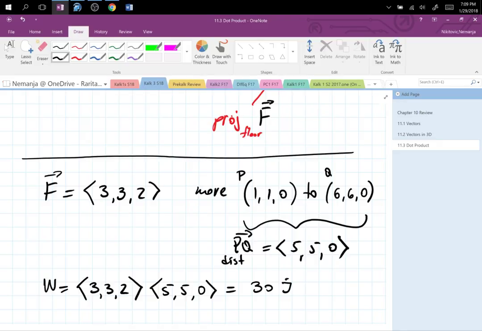Now I have a conceptual question to see if you are mentally here. Looking at the last line, the one that says W and then the dot product of two vectors equals 30 joules. Looking at that, are we pushing up?